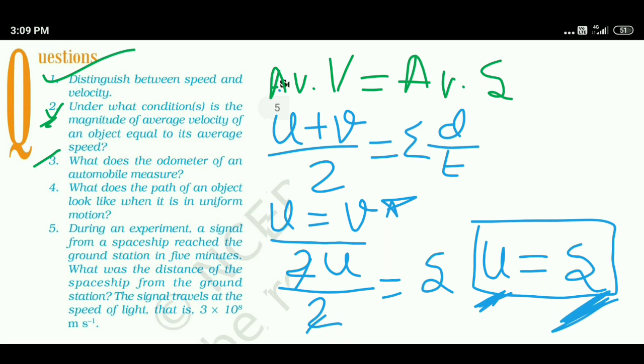Now question number 4. What does the path of an object look like when it is in uniform motion? The path of a uniform motion will always be straight. Now you will ask me, how can we find that the path will be straight? Here we have not explained this.